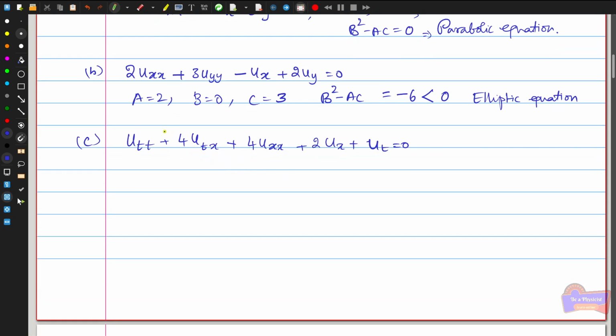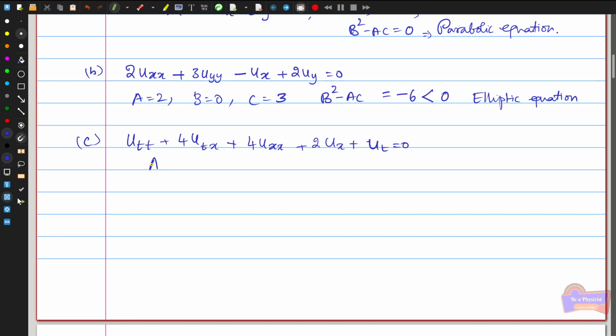I can find the values of the coefficients by collecting the coefficients a, b, c. Here you can see that utt we can consider as the uxx term, and 4 times uxx is going to be the yy term. That means del squared u by del y squared.